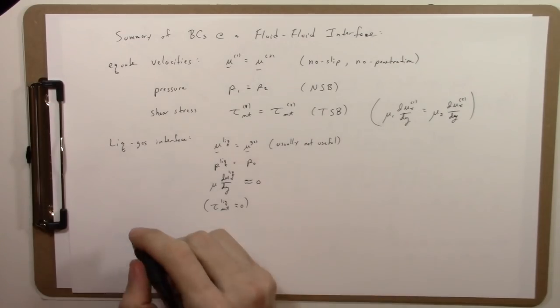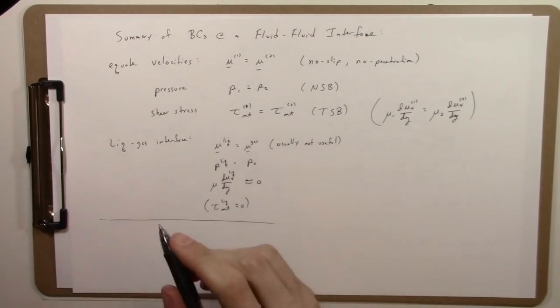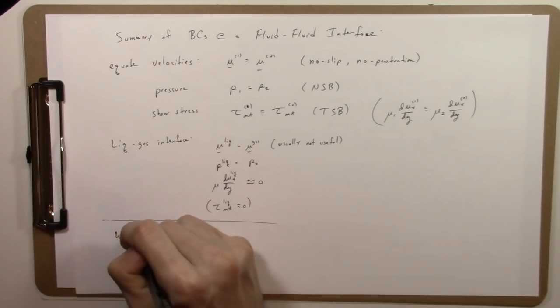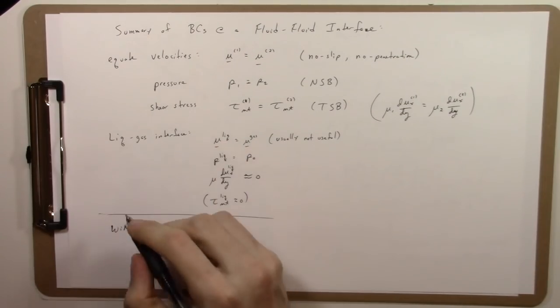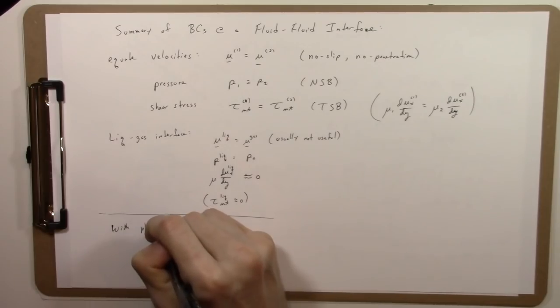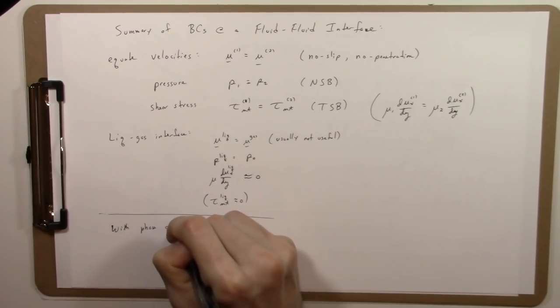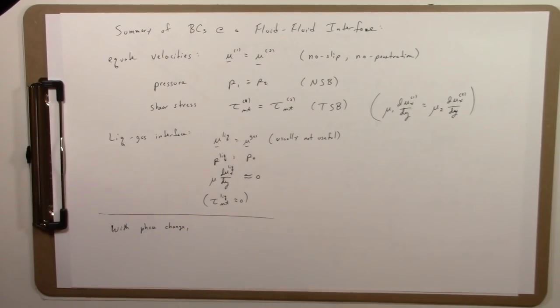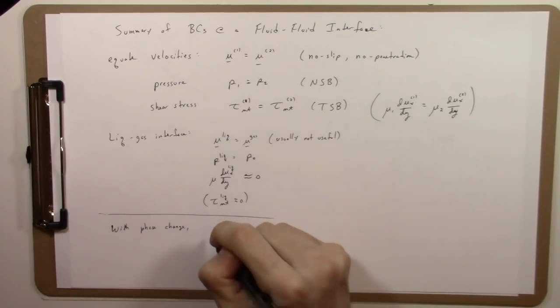Now finally, for completeness, I will just note that with phase change, so if you have evaporation, condensation, etc., the no penetration condition actually is a little bit more complicated.